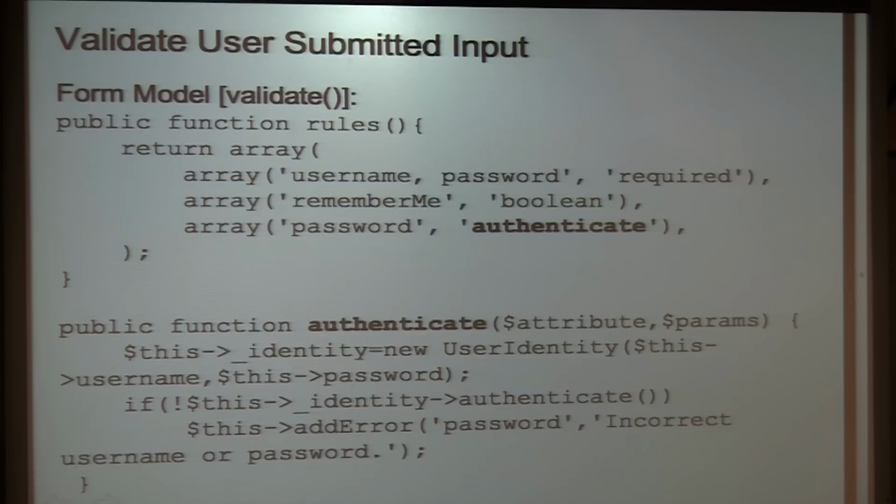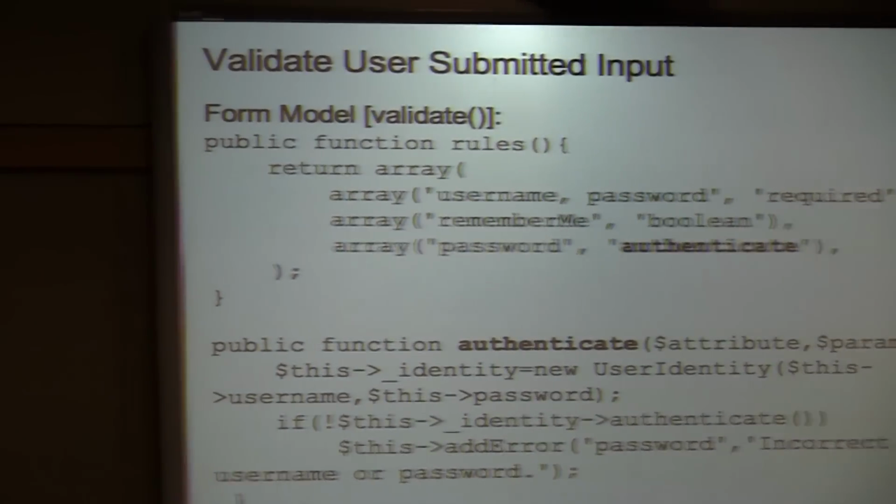So it will handle that for you. There's a remember me checkbox, and it will ensure that that's a Boolean. And then we're doing a custom method to handle the validation of the password field. That's by just defining a function in the model with the same name as that validator. In this case, authenticate. There's a function called authenticate.